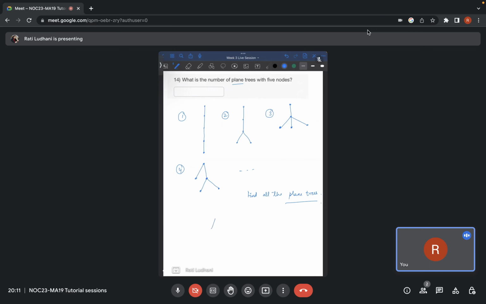If you have, for example, this and this and this, however you like it, these are different as plane trees. That is the catch here. So just try to find all the plane trees you can have with 5 nodes. Okay, let's move to the next question then.